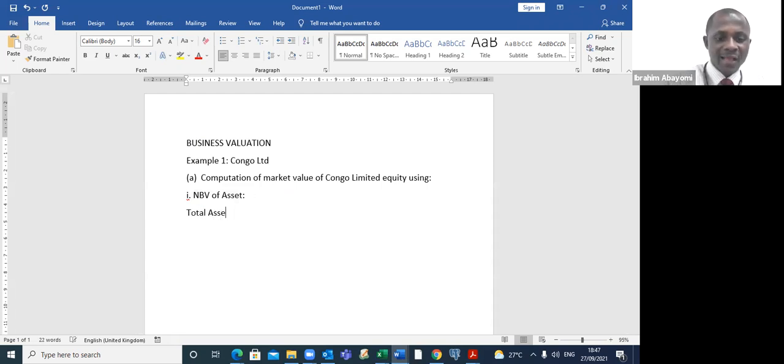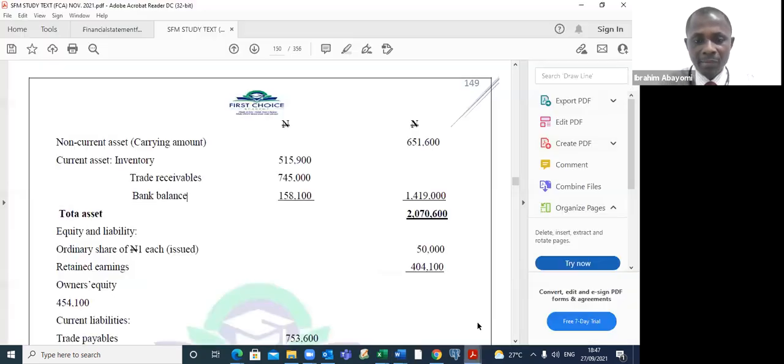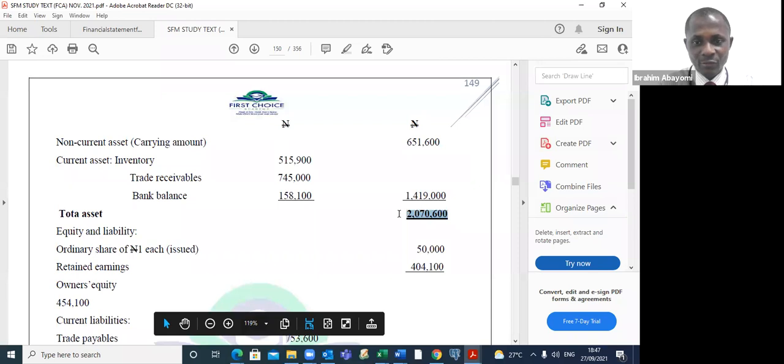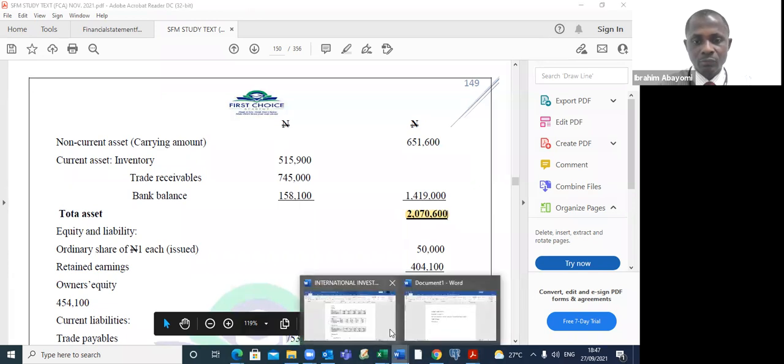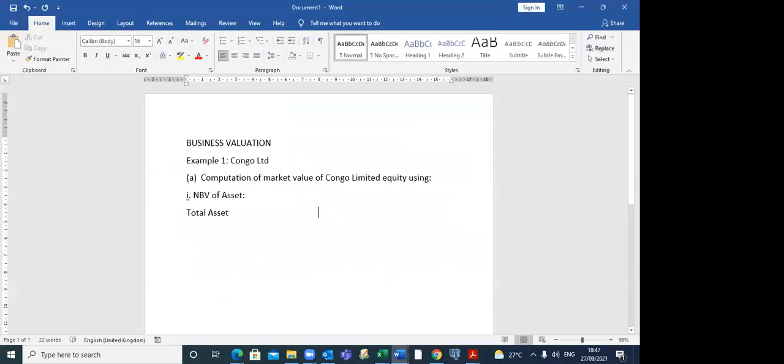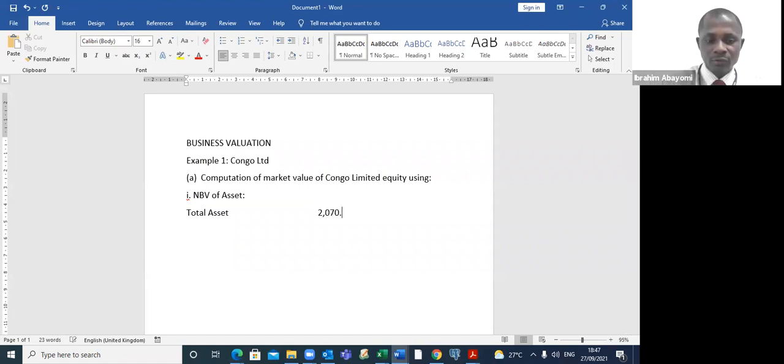Total asset, as stated there, is 2,070,600.